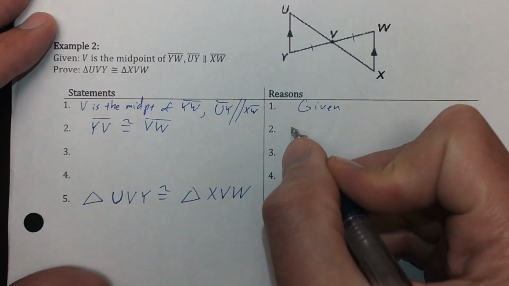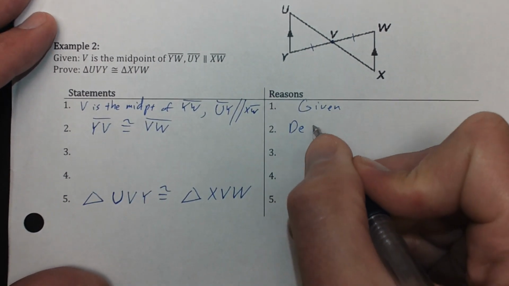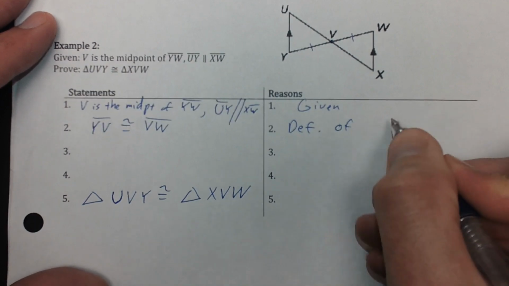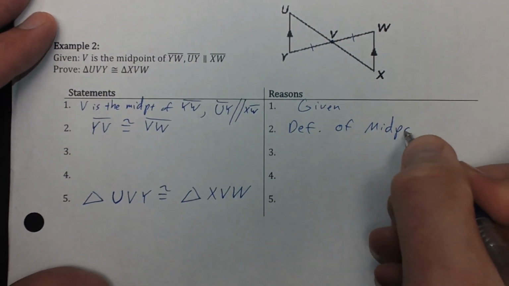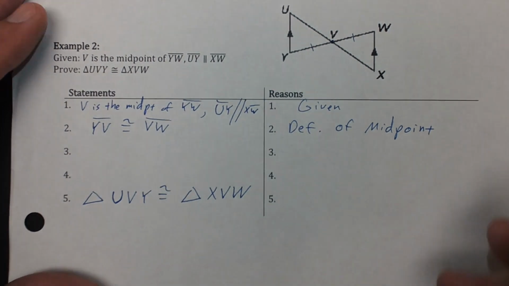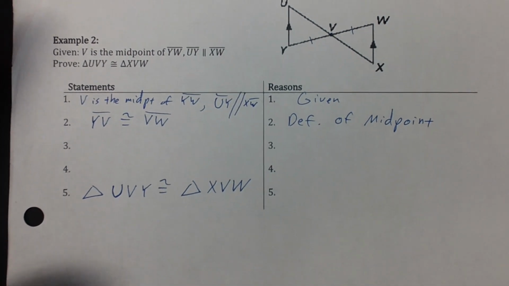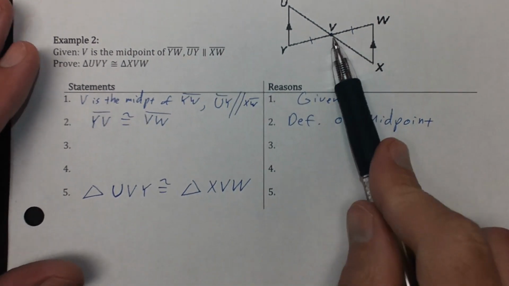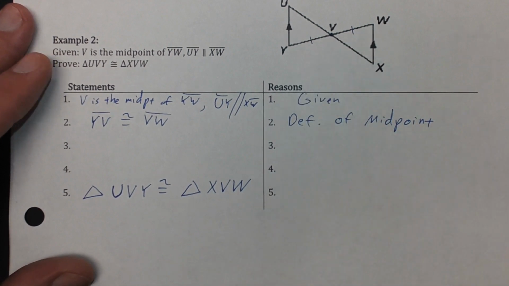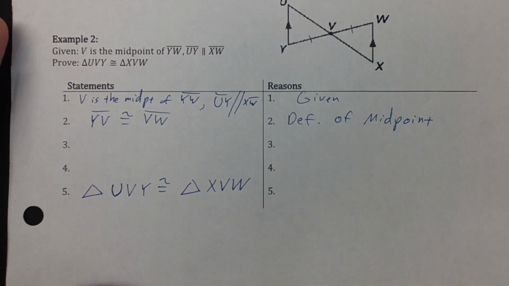How do I know that? That's just because of the definition of midpoint. Definition of midpoint tells you when you have a midpoint, on either side of the midpoint you have two congruent segments.